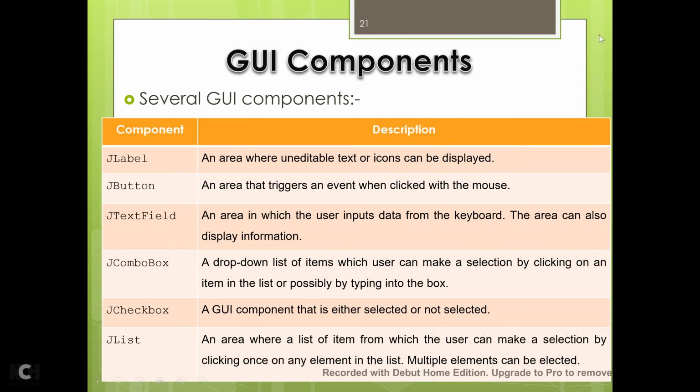And then in this slide, it has listed out several GUI components which are basically the most used components. The description is on the right hand side of this table, so you may want to read the description on your own later.